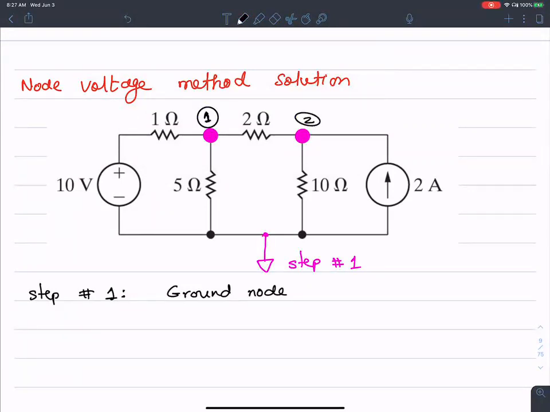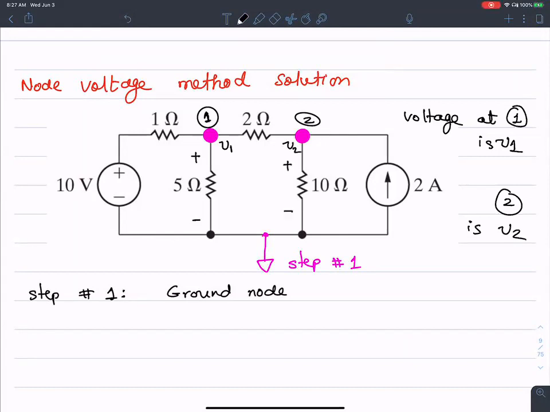So now I'm going to define voltages. V1 corresponds to the node voltage at node 1, positive and negative with respect to ground, and the voltage at node 2 is V2, plus and minus.